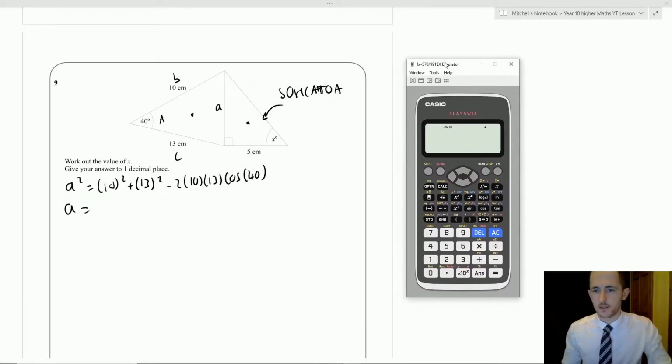Okay, so again, go through it again. 10 squared. Now, you might be wondering, how accurate do we need our value? And honestly, three significant figures is fine, but using the answer button, you can actually keep it exactly right. So I'll show you how to do it that way as well. Okay. The answer won't differ by much.